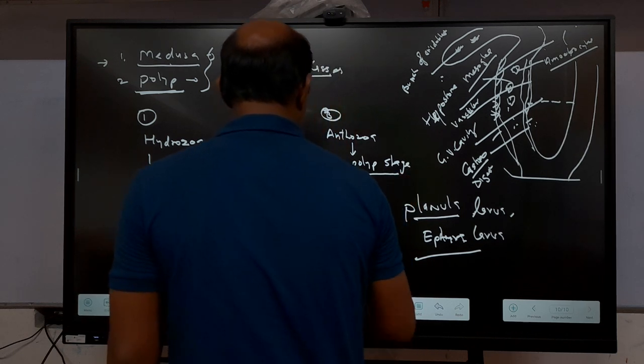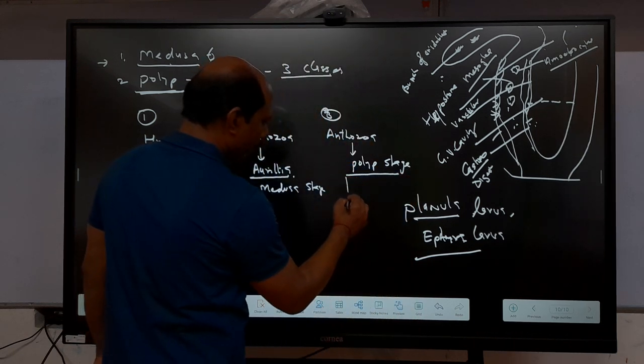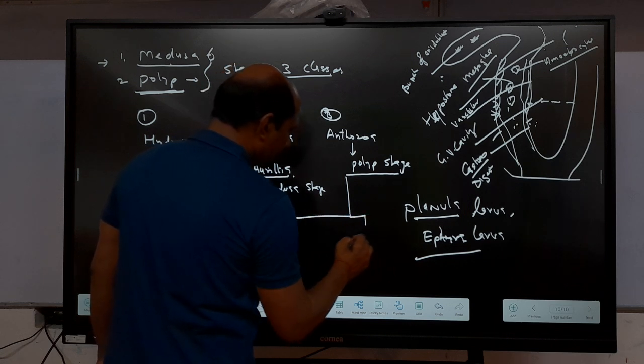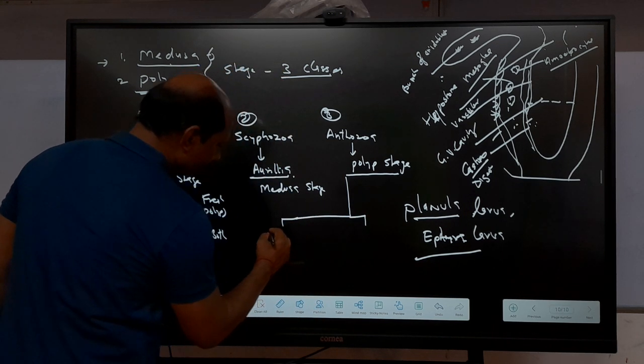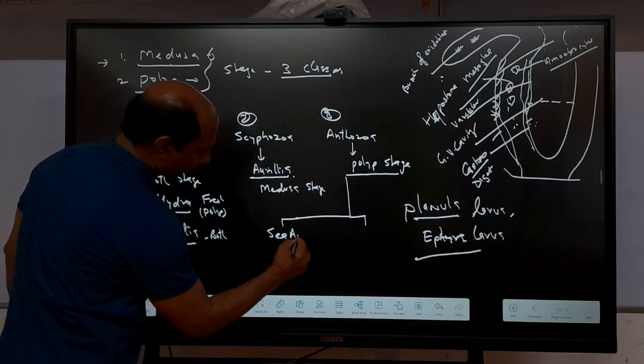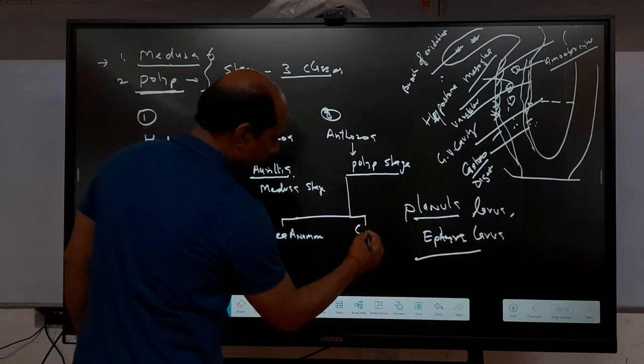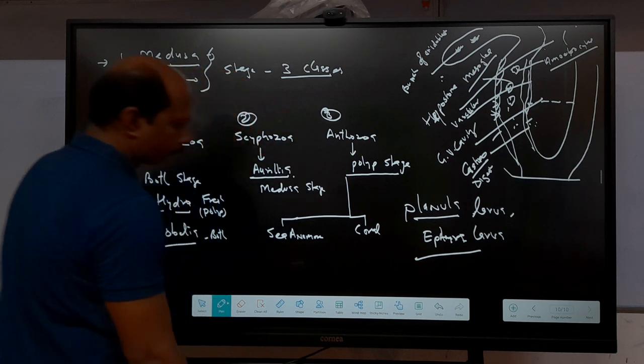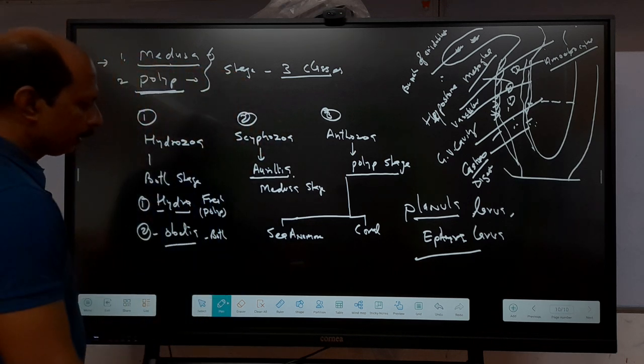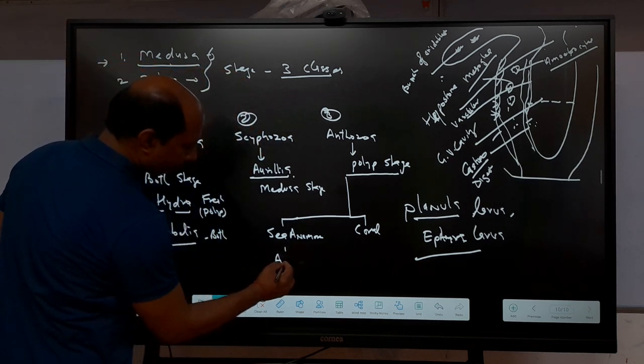Only the polyp stage is present, and this Anthozoa is further divided into two parts, right? One is sea anemone, and the second is corals, right? The sea anemone example is Adamsia.